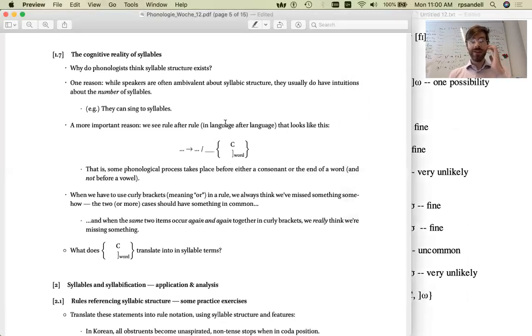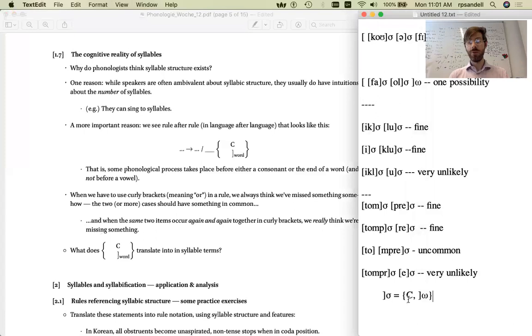And the fact that this same sort of environment occurs in many rules, in many, many languages, gives a strong indication that we really should think that there is some kind of commonality in this environment of consonant or word boundary, which we can explain as the right edge of a syllable. So in other words, we're saying a segment in the coda of a syllable will be affected in some way.